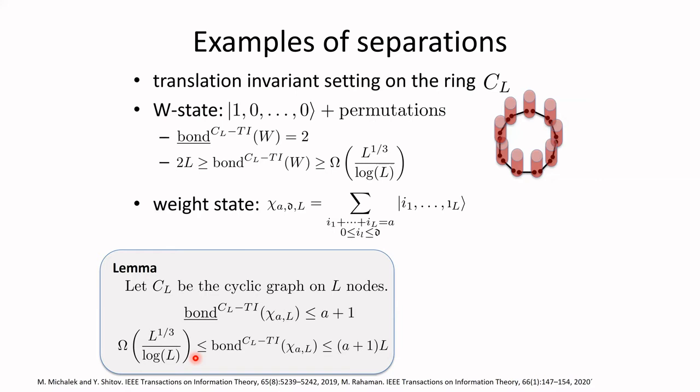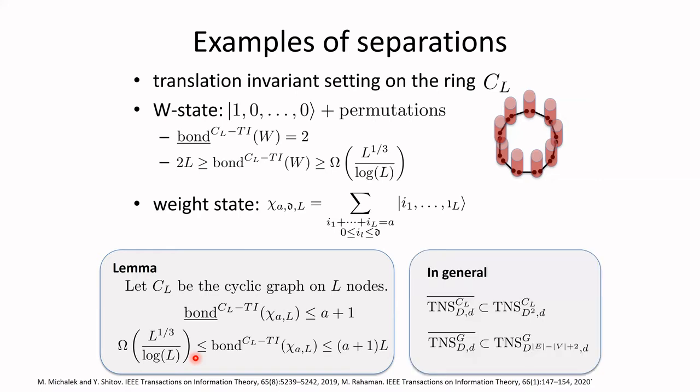Now, what happens beyond the cyclic graph and translation invariance? If we just drop translation invariance, we see that the separations that we can get in this general periodic boundary conditions case are bounded by the square of the bond dimension, because then the closure, one can show, is contained in TNS for the cycle with bond dimension D squared.